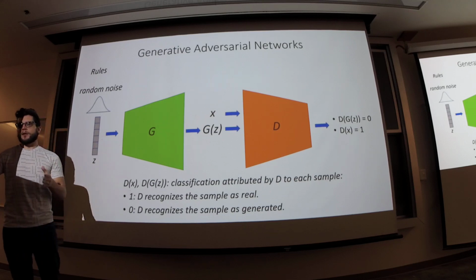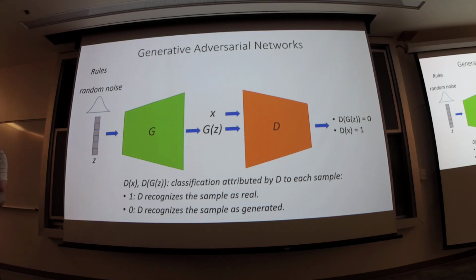The discriminator learns features that are connected to the features of this specific generator at each point, so that this generator will actually modify its own parameters to make better and better images. Does it make sense? Yeah. Does it make sense for everyone?